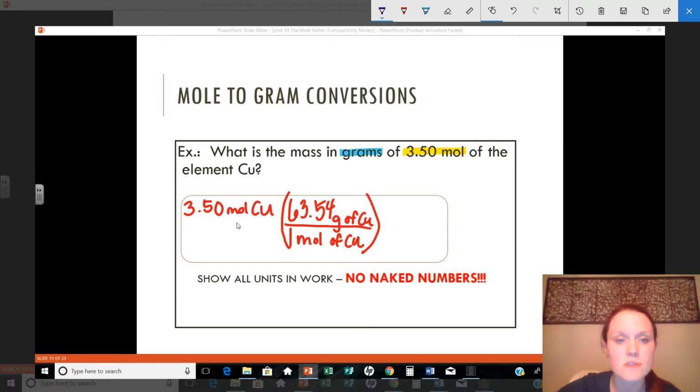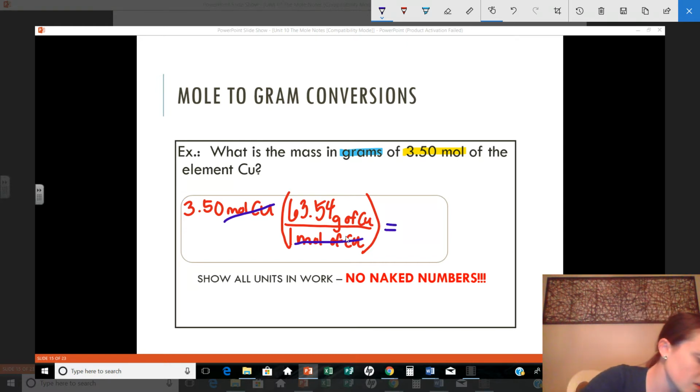My units cancel. So for moles of copper, now I'm going to multiply across my numerator, multiply across my denominator.